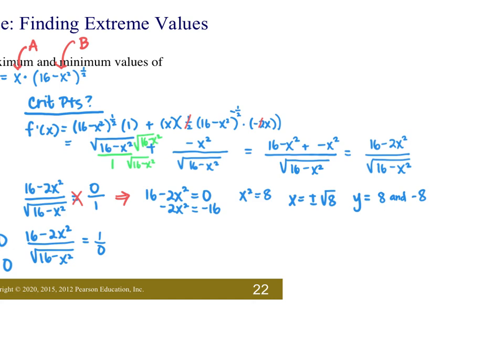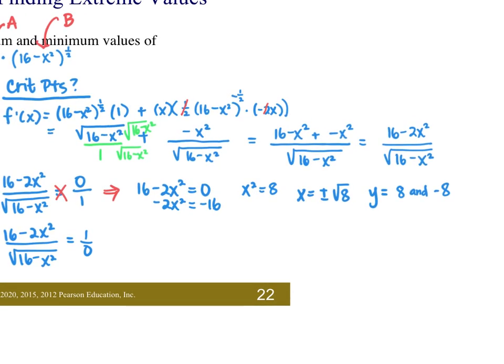Okay, now let's do the undefined part. We cross multiply, and that will give me rad 16 minus x squared equals 0, which I've already solved, and that will give me x is plus or minus 4, which I've already plugged both of those in and gotten 0.